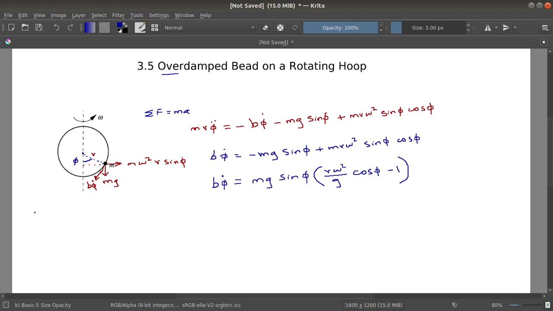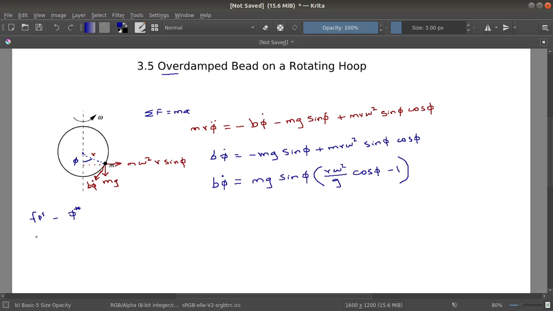Fixed points, which are phi star. When phi dot goes to 0, maybe this term has to go to 0 or this term has to go to 0. Let's see, this term goes to 0 when sine phi goes to 0.